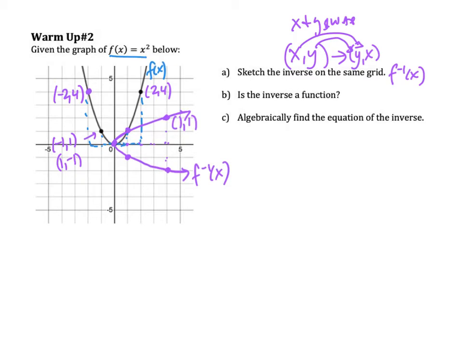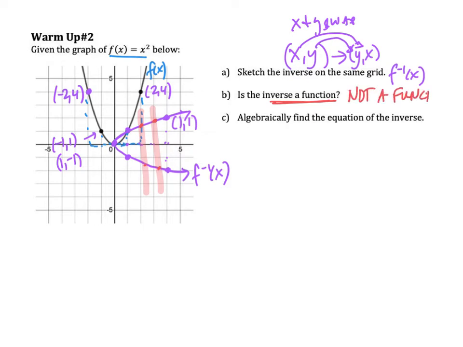Now, this purple graph, is it a function? Well, hopefully you're saying no, it's not, because it's failing the vertical line test, right? That vertical line is hitting the graph in more than one place. So it is not a function.